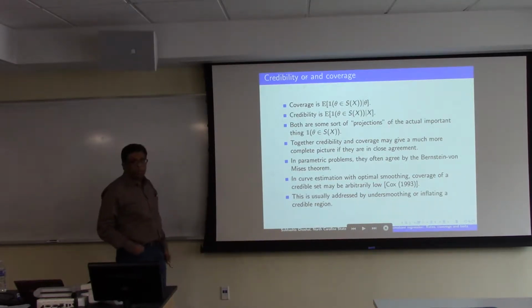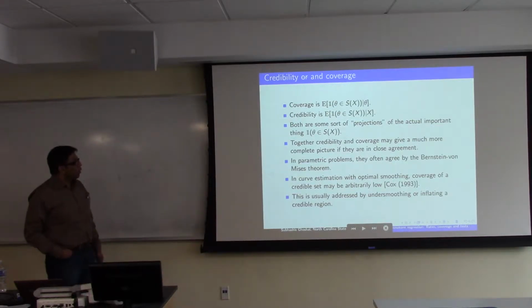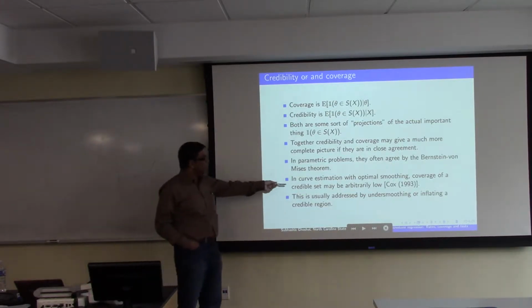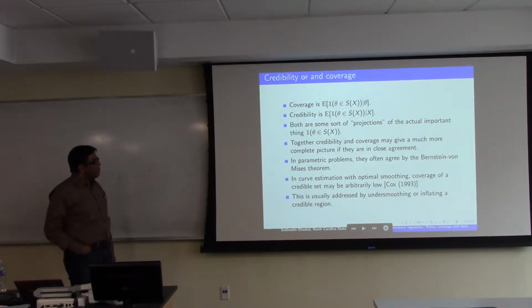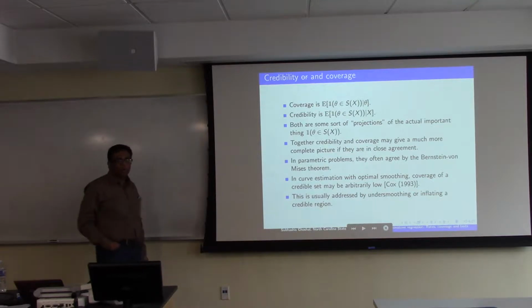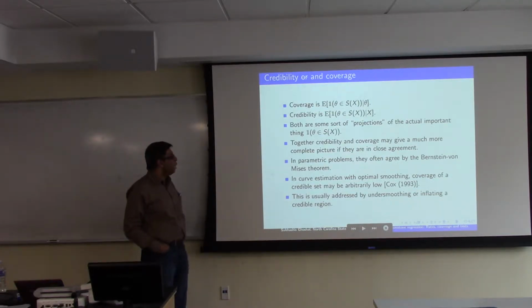But in non-parametric problems, you can have discrepancy. So in curve estimation, for instance, D.D. Cox showed that if you take a Bayesian credible set of some smoothness alpha in the optimal way, and then you construct the credible sets, then it can have arbitrarily low coverage. So they do not quite agree.